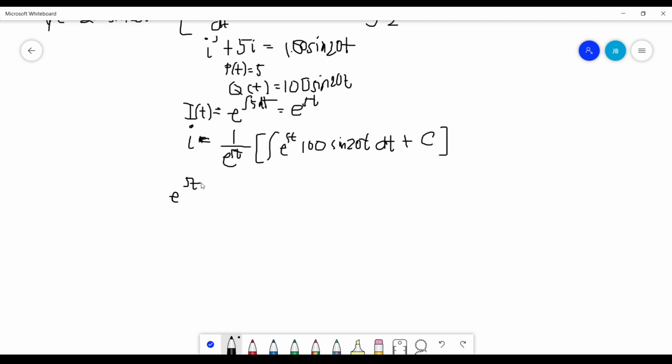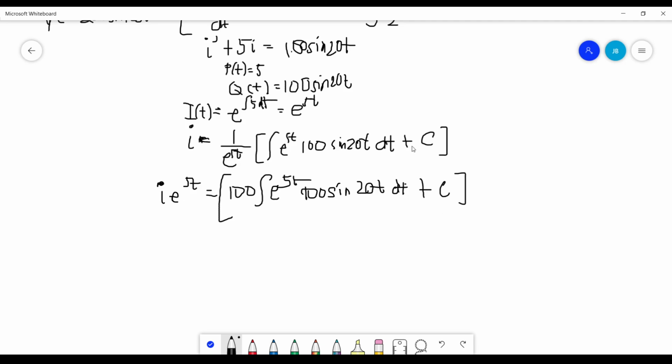A detailed solution. So we cross multiply, and it is equal to, we take out 100 since it's a constant, the integral of e to the 5t times 100 sine 20t dt plus c.